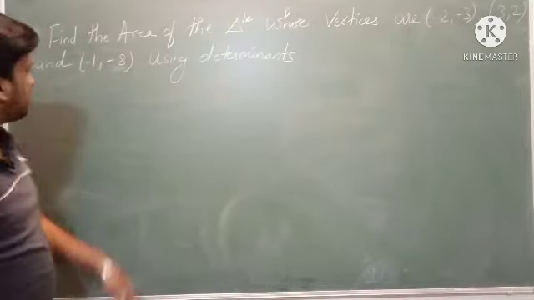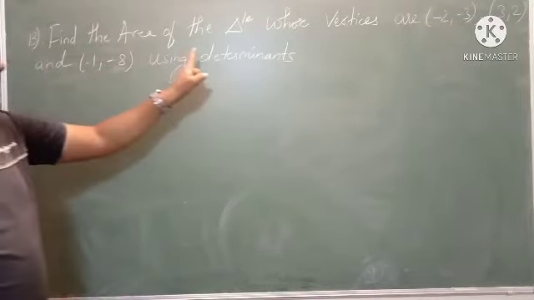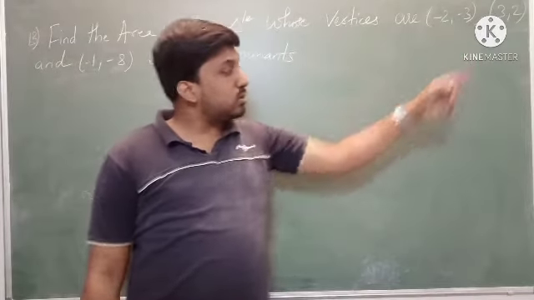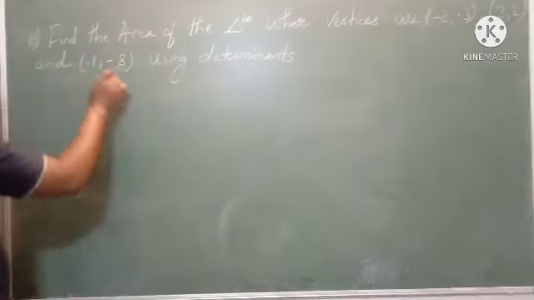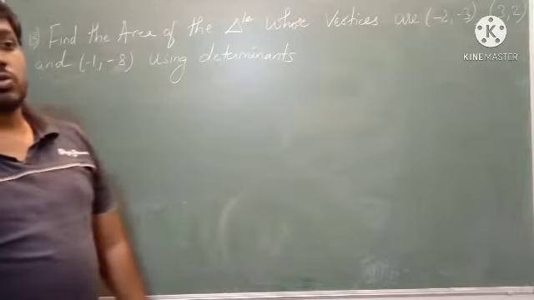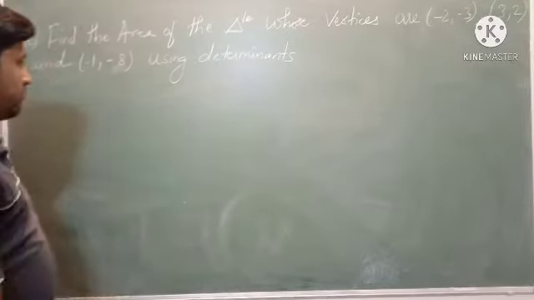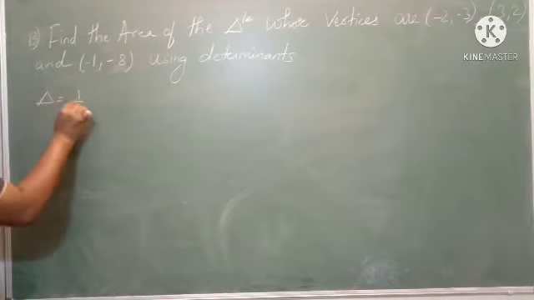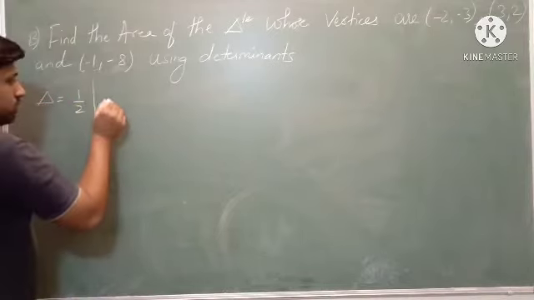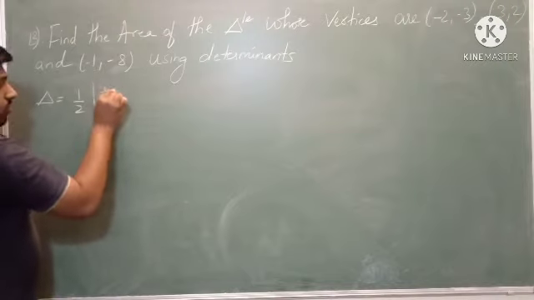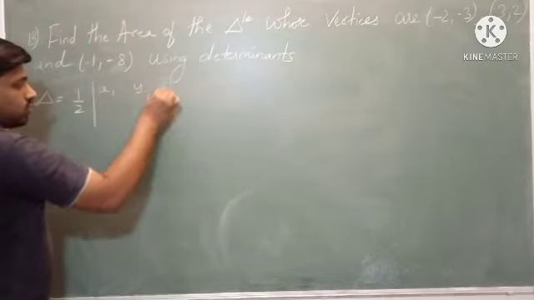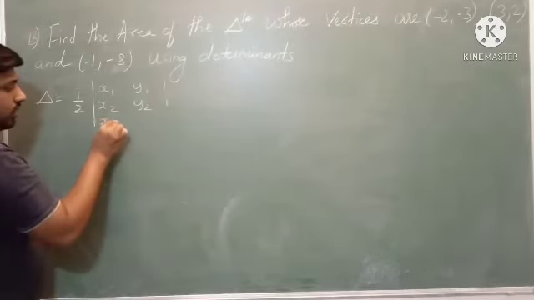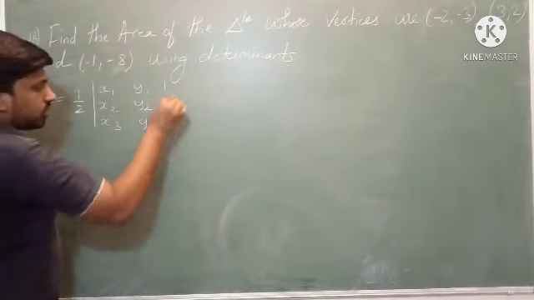Now the next question is, find the area of the triangle whose vertices are minus 2, minus 3, 3, 2 and minus 1, minus 8 using determinants. So we need to find it using determinants. We all know the area of the triangle in the determinant is given by 1 by 2 into the determinant x1 y1 1, x2 y2 1, x3 y3 1.